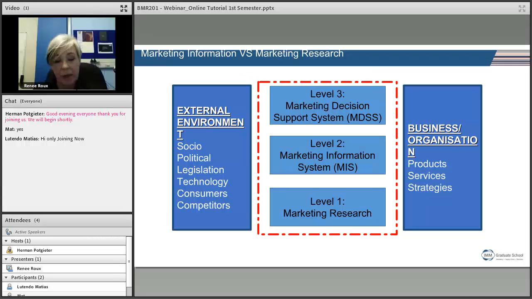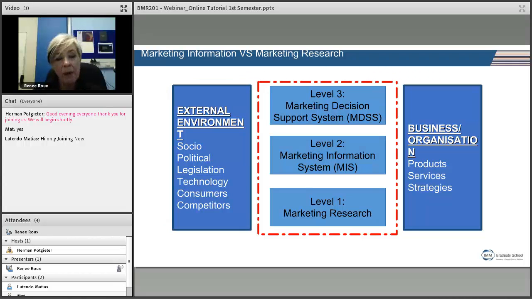And the link between the two is marketing information. Now, there are various levels. Most companies are at the bottom level. They just have market research. But some companies are at a higher level in the sense that they have marketing information systems, or MIS.